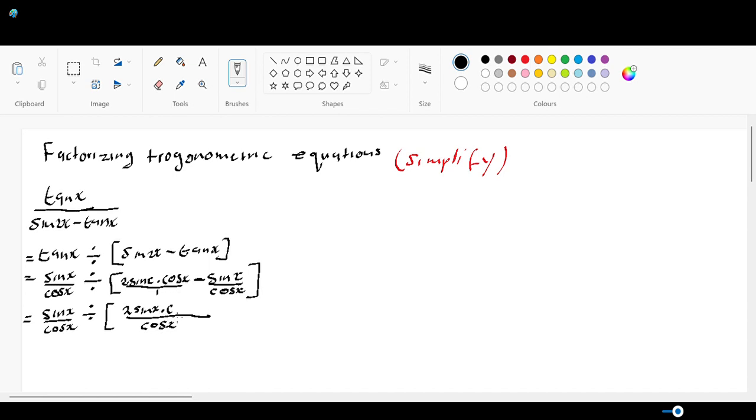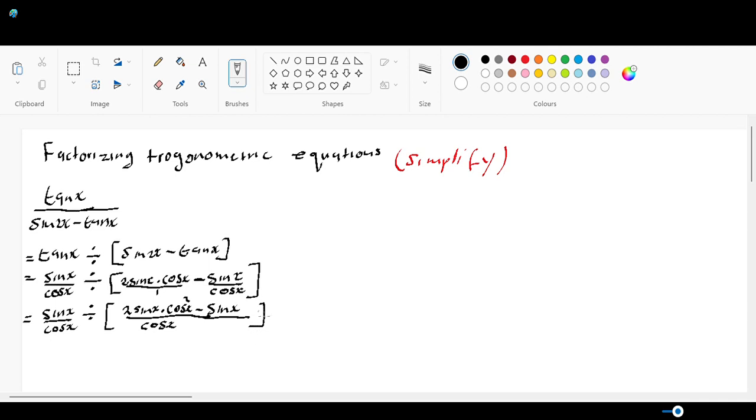Sorry guys, I made a mistake. Let's just do it. It's not cos x. You say cos into cos is going to give us 1 multiplied by negative sine, which gives us negative sine. Yes, this is the right one. I hope you managed to see that.